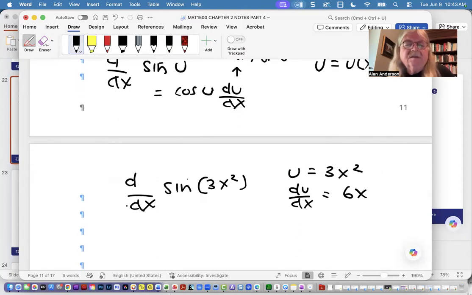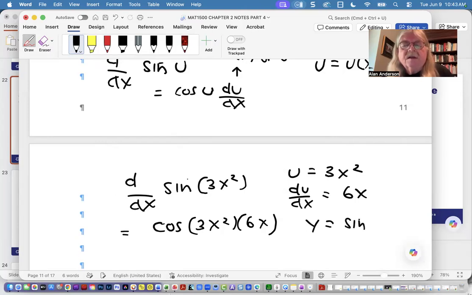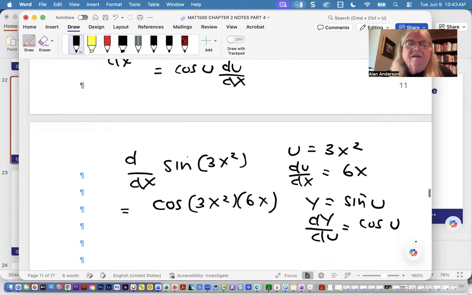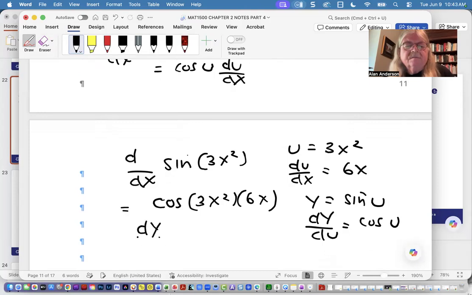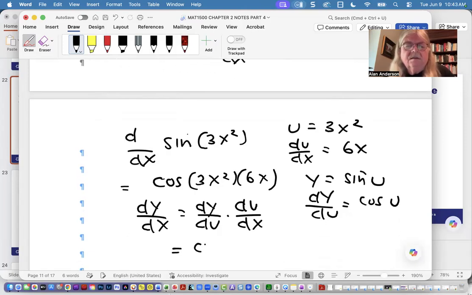So therefore, remember, y would then be sine u, and dy/du is cosine u, and then du/dx was the 6x.